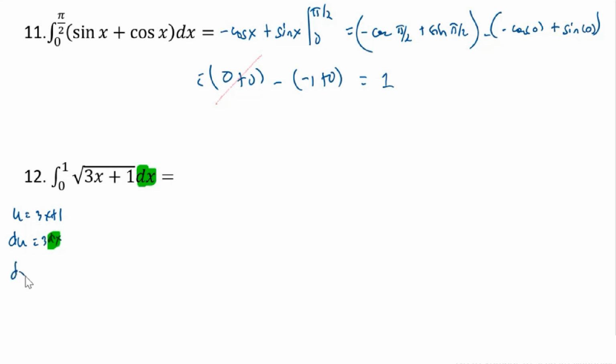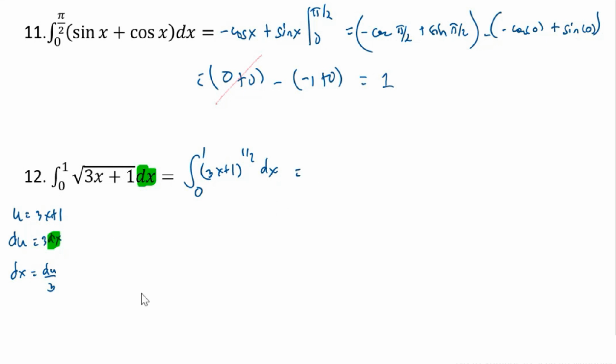So therefore dx is equal to du over 3, or 1/3 of du. Now we can rewrite the given. The square root of 3x plus 1 can be written as 3x plus 1 to the power of 1/2 dx, evaluated with the interval between 0 to 1.